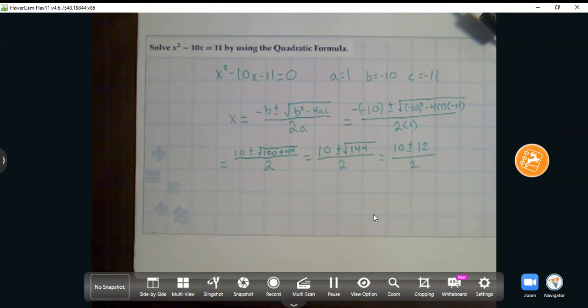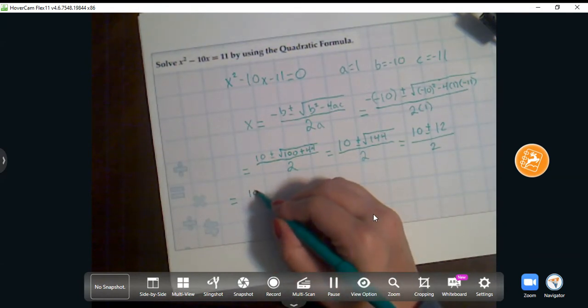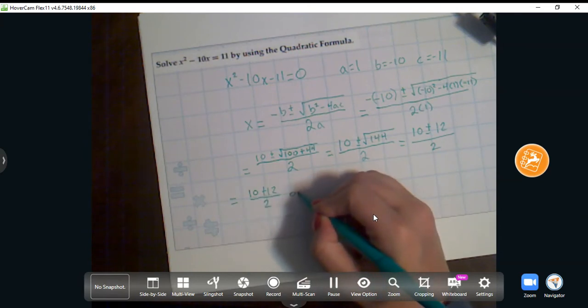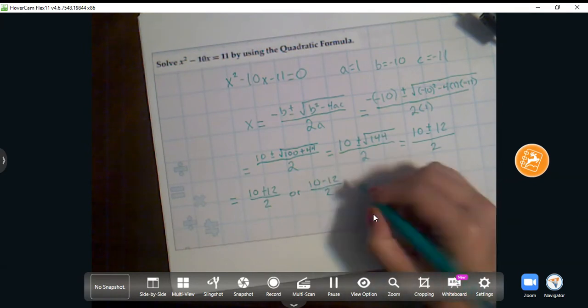All right, now from here, what's really important is that we notice that we have a plus sign and a minus sign, which actually means that we're going to get 2 answers. So from here, I'm going to go ahead and separate them out. I'm going to do 10 plus 12 divided by 2, or 10 minus 12 divided by 2.